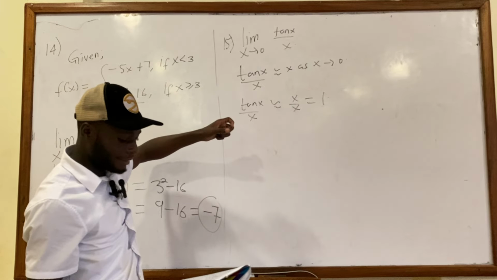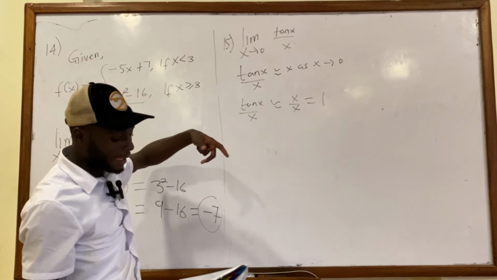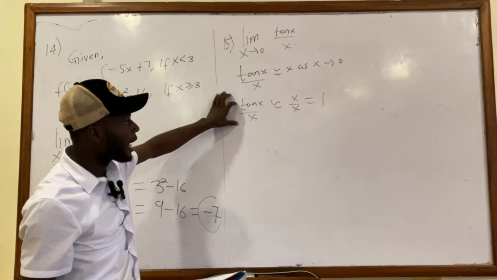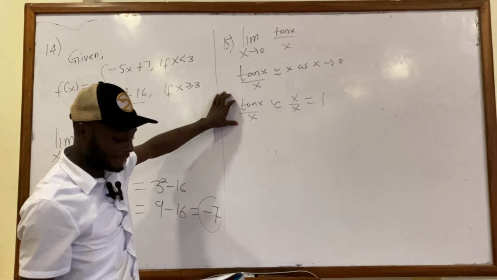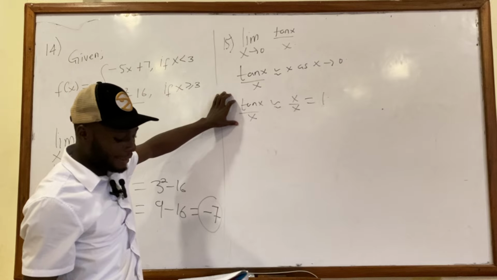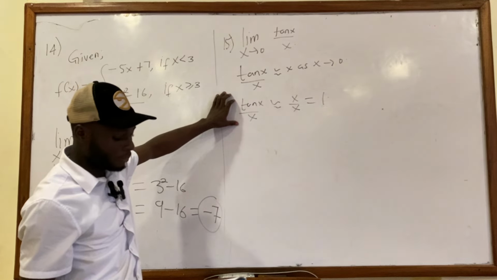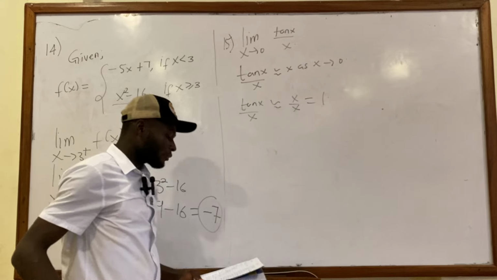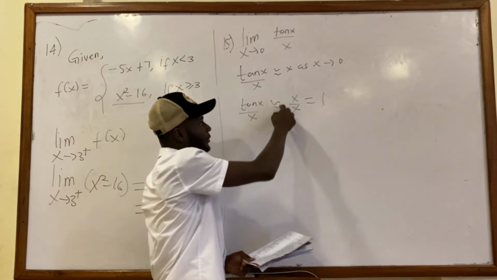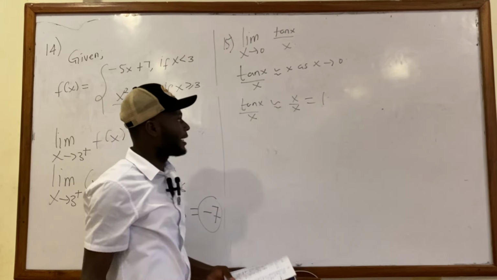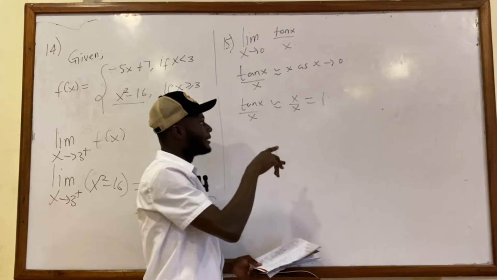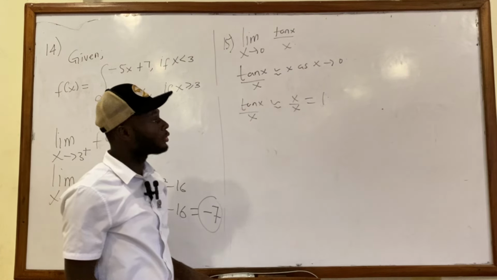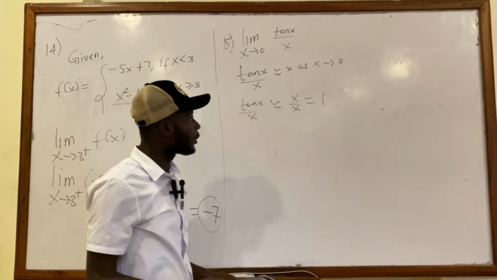So we can use the small angle approximation for tan x, and as x approaches 0, we have tan x over x approximately x over x, and that is equal to 1.